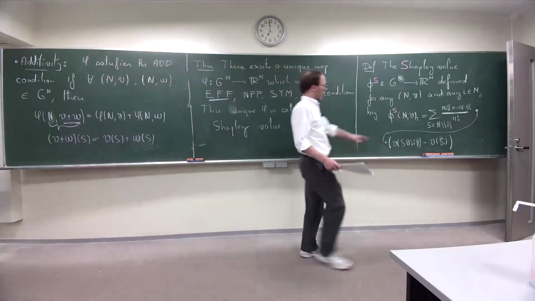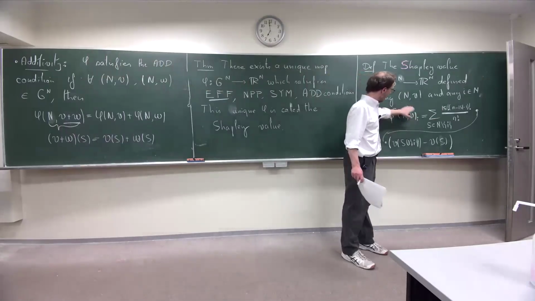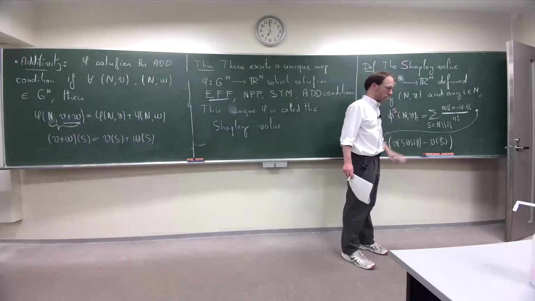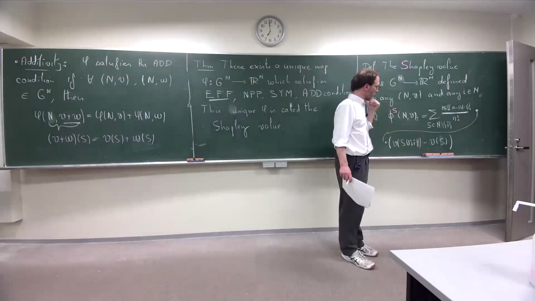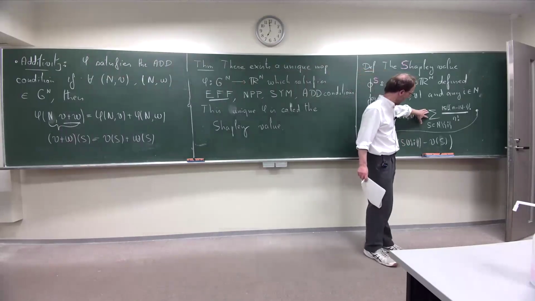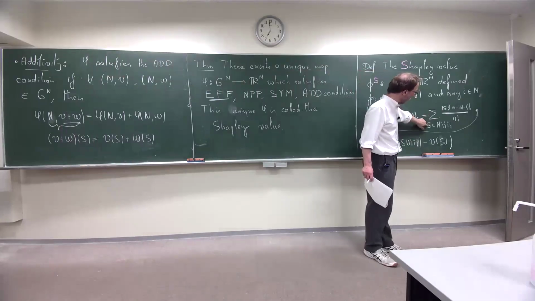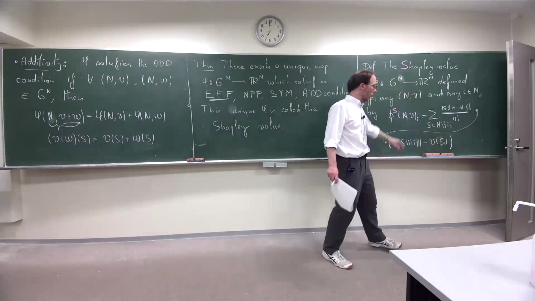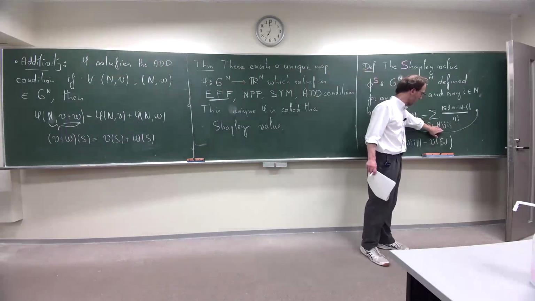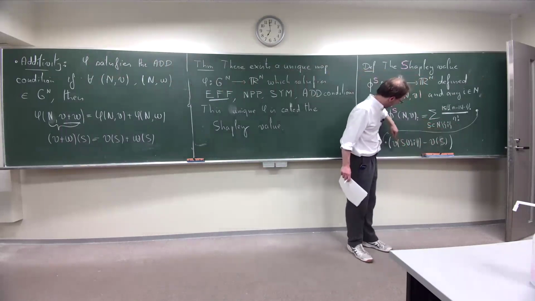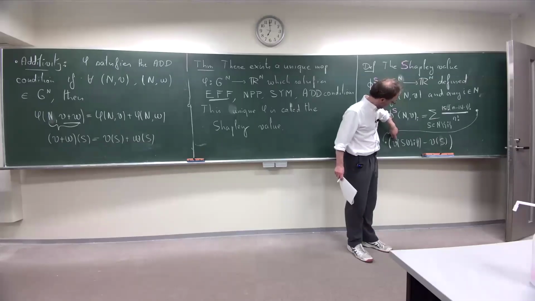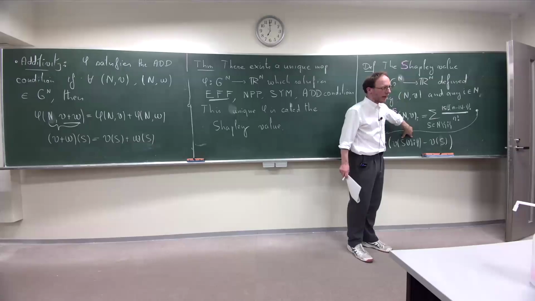So again, this is a vector in Rn. I take its component i, and this component i is related to the player i. It's given by a sum over all S, where S is any coalition which does not contain i. So I do a sum over all possible coalitions. Let's first look at this term. This term is the worth of the coalition together with i.